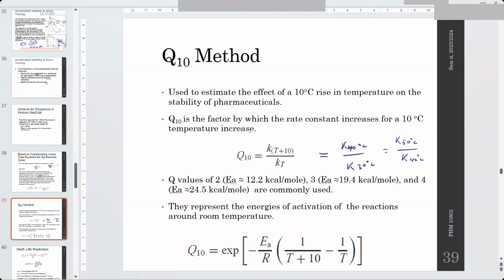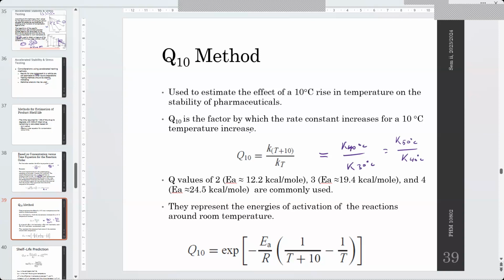The difference between them is 10 degrees. Q10 can be 2, can be 3 times, can be 4 times increase in the value of K, depending on the activation energy. The higher the activation energy, the higher the increase in the K value.